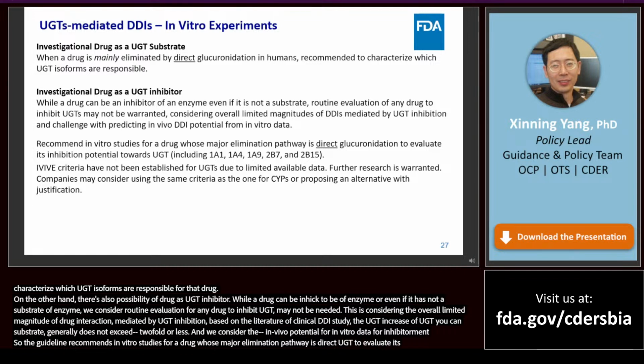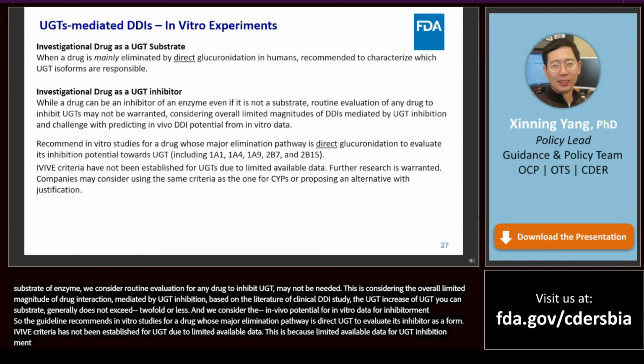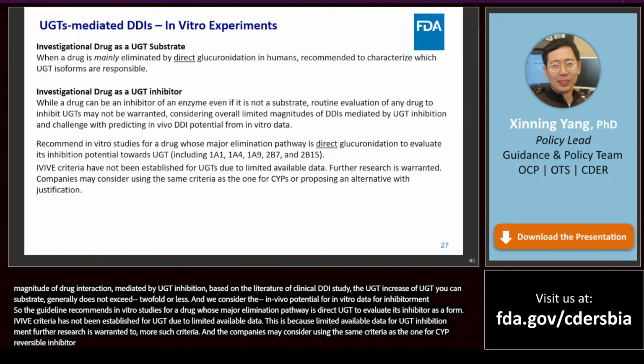The IVIV criteria have not been established for UGT like the ones that have been set up for CYP enzymes or transporters. This is because of limited available data for UGT inhibition. So further research is warranted to explore such IVIV criteria. And companies may consider using the same criteria as the one for CYP reversible inhibitors, or they can propose an alternative with justification.